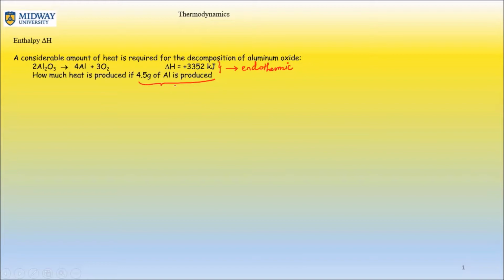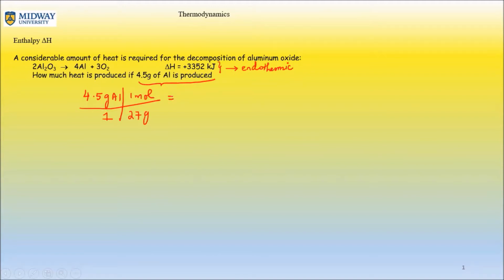So if I had produced 4.5 grams of aluminum, we have to convert aluminum to moles, so aluminum, I believe, is 27 grams over 1 mole.